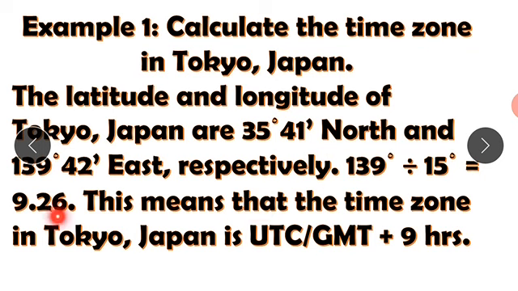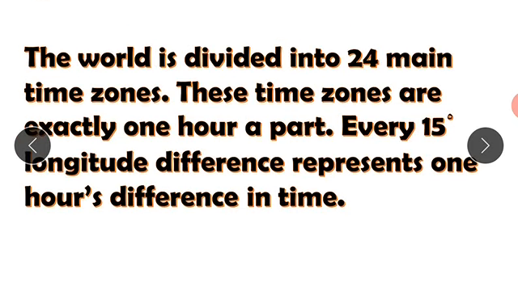The answer is 9.26. This means that the time zone of Tokyo, Japan is UTC/GMT plus 9. So the quotient, you will add it to the UTC or GMT. That is the time zone of Japan, UTC plus 9 hours.